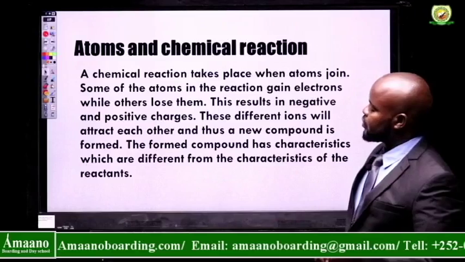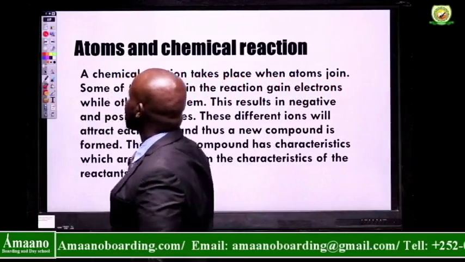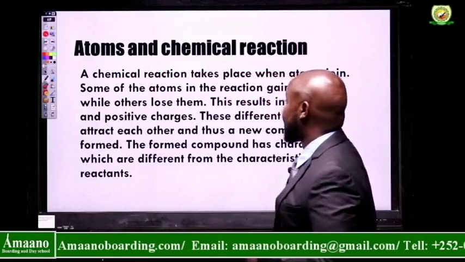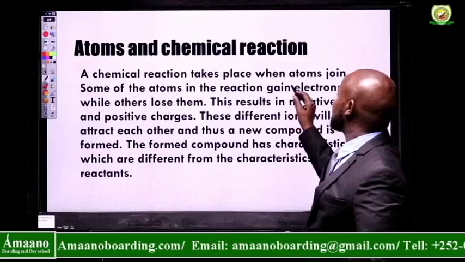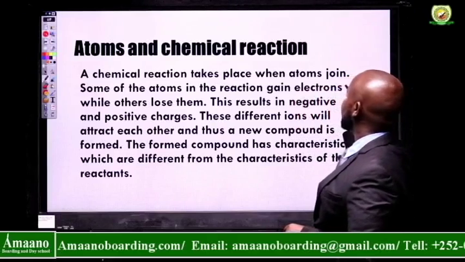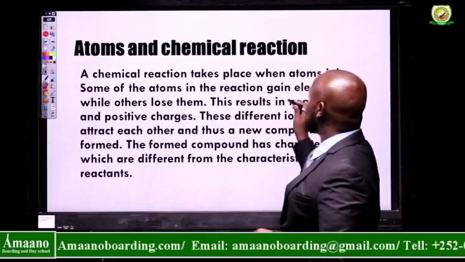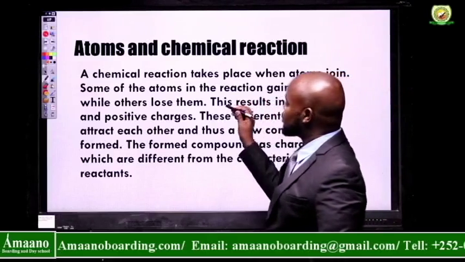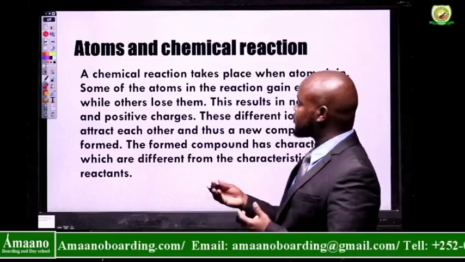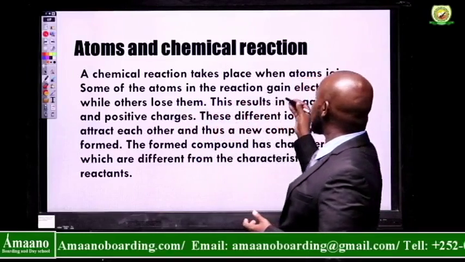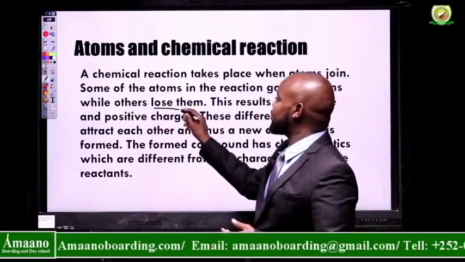Now let's come to chemical reactions. A chemical reaction takes place when atoms take part in a reaction. Some of the atoms in the reaction gain electrons, while others lose them, right?